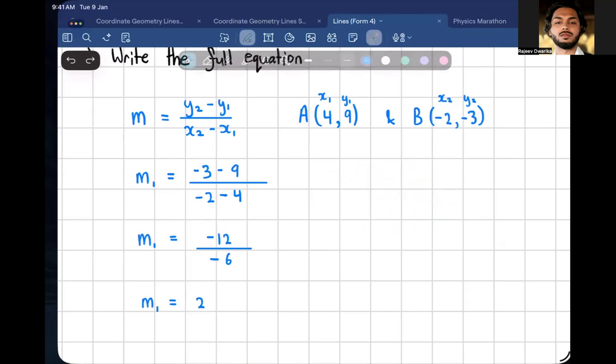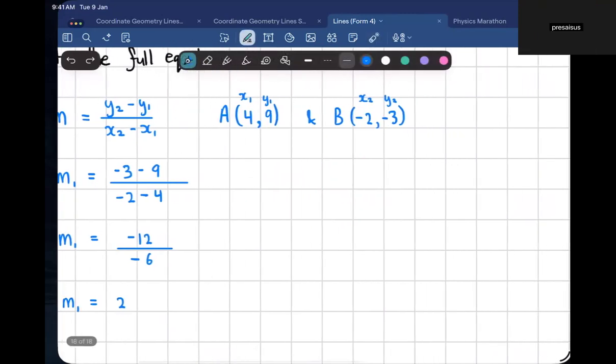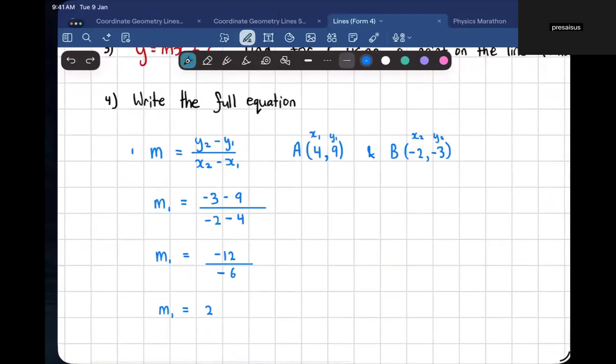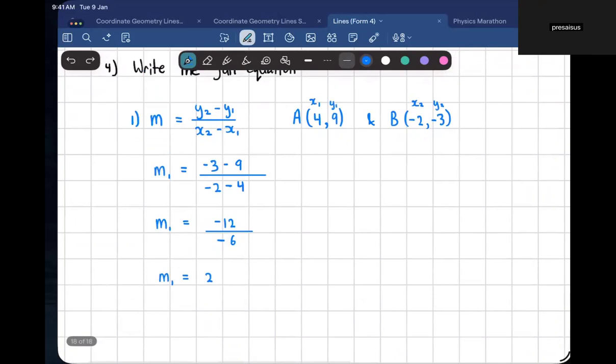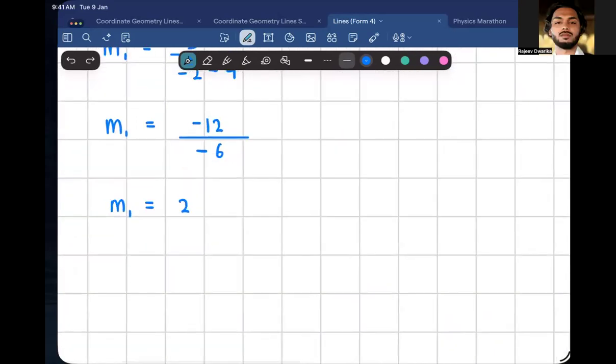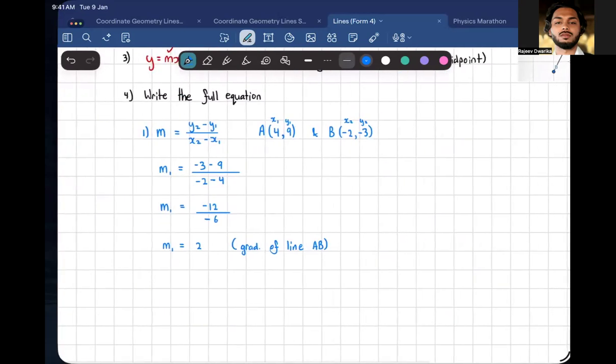So I hope you understand that. I do. Again, like y1 and x1, if it's negative, you should put the brackets, on the right side. You understand? Right. Cool. So we just found the gradient of line AB. What's the next step, Ria?